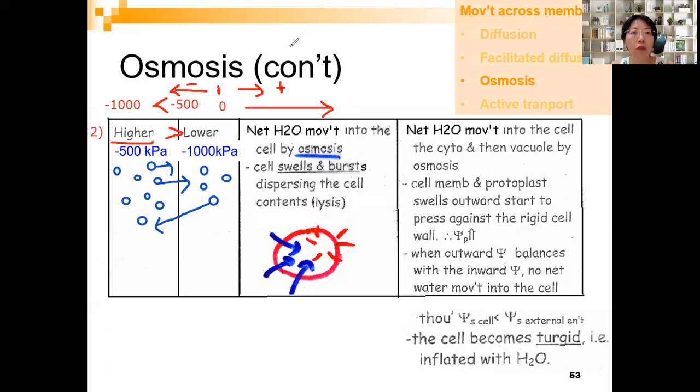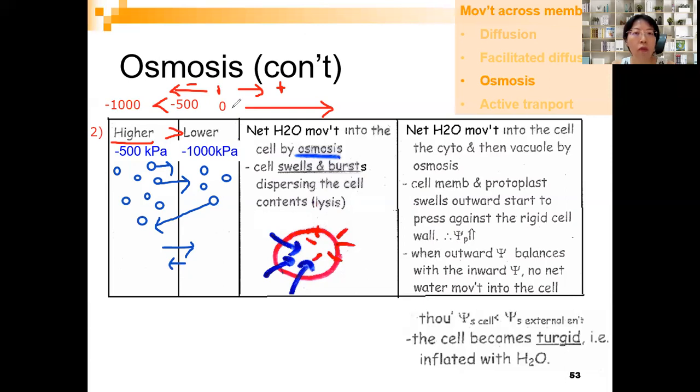So to represent the movement, this is the movement. There are water molecules moving in. There are also water molecules moving out. But there are more moving in than going out.